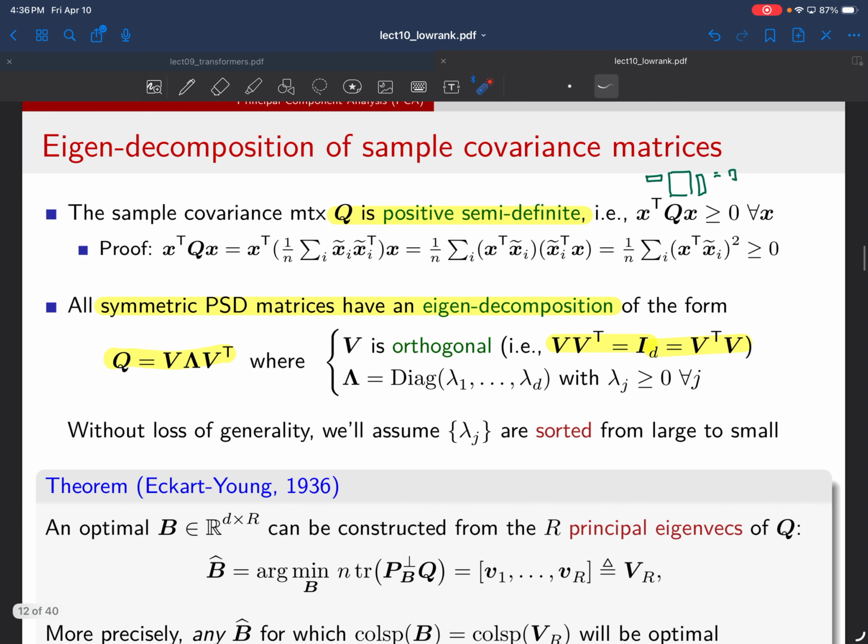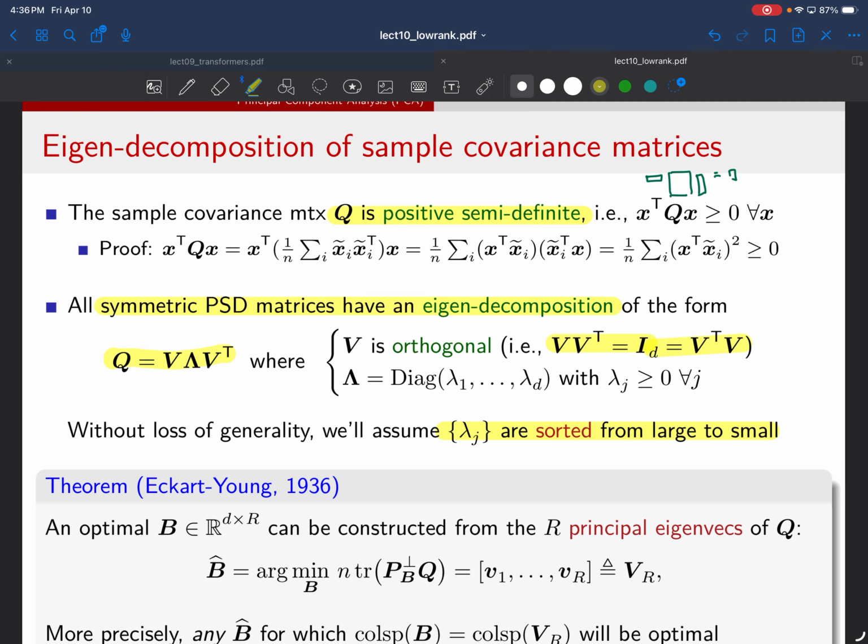And we'll also make one other assumption, which is that our eigenvalues are sorted from large to small. Most eigendecomposition solvers do not do this for you, but you can always do this as a final step.